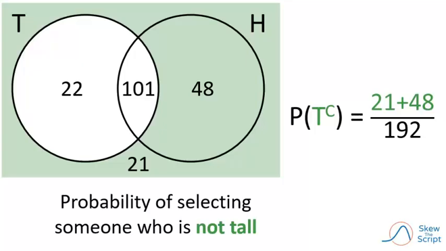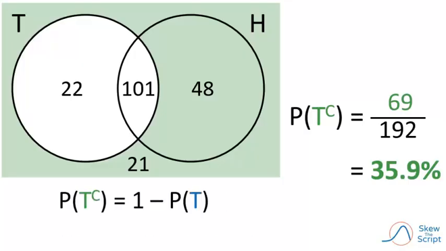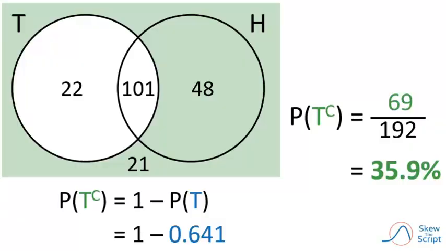So that is 21 and 48 people outside of the tall circle, which brings us to 69 out of 192, or 35.9%. And note that this should make sense because it is the complement, or 1 minus the probability of someone being tall. And recall earlier that the probability of someone being tall was 64.1%, so that checks out.